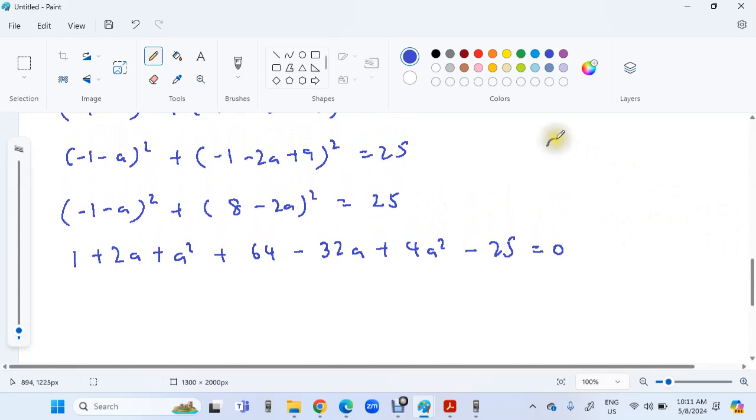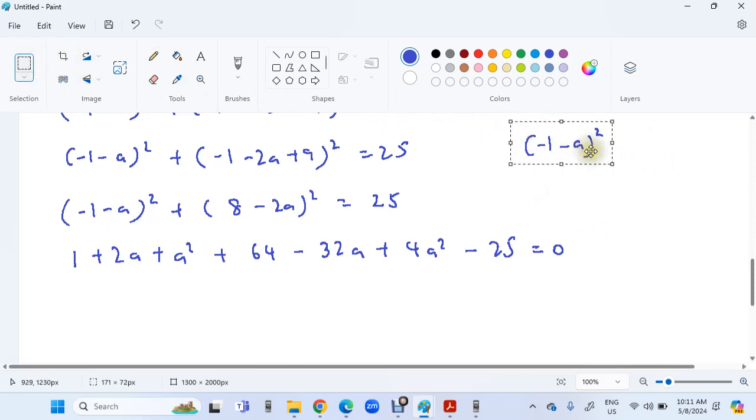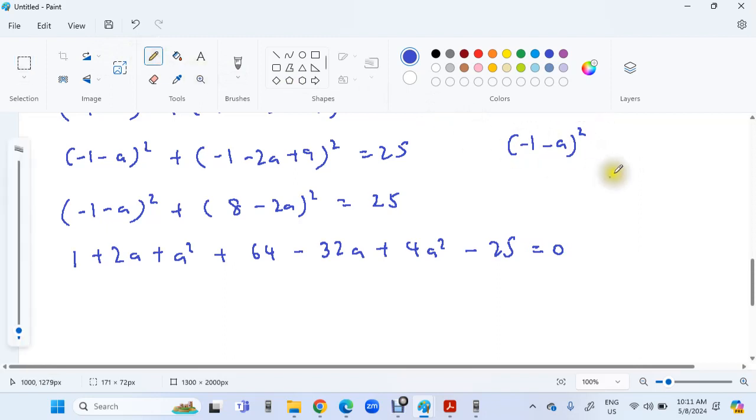So we know that (-1 - a) squared, when both terms are negative, is actually equal to (1 + a) squared, when both terms are positive. Why? Because I have -1 multiplied with (1 + a).